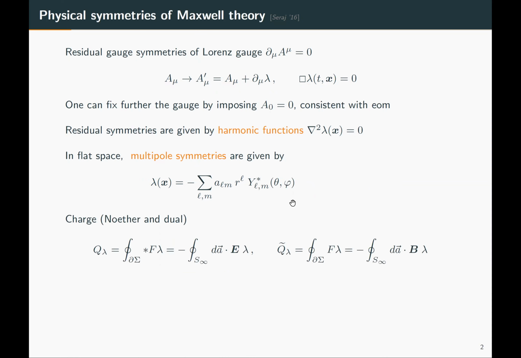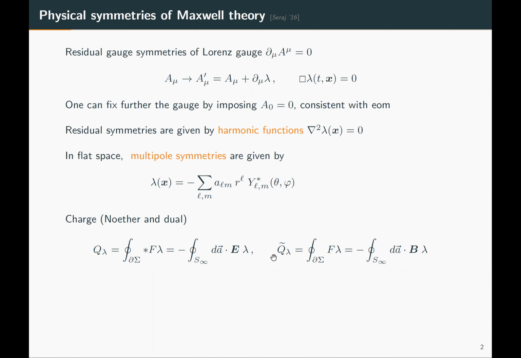As you know, we can define charges using Noether's theorem or Hamiltonian methods associated to these large gauge symmetries, which are given by surface integrals of the normal component of the electric field smeared by the gauge parameter. You can also define dual charges by replacing the electric field by the magnetic field. This is not another charge in the usual description of the theory, but if you go to a dual formulation of the theory, then these are the natural charges.